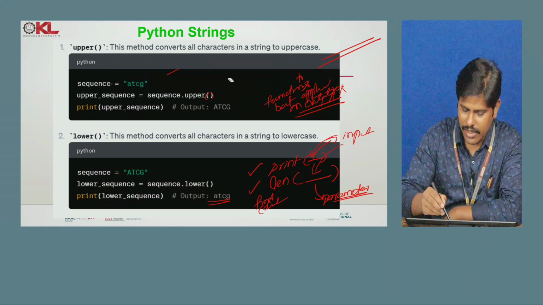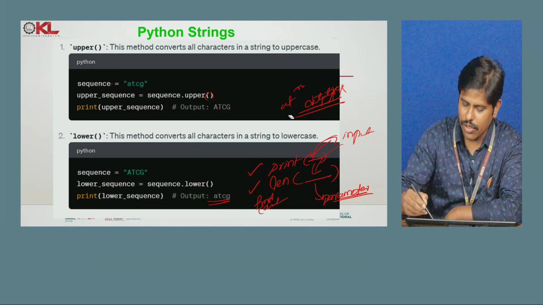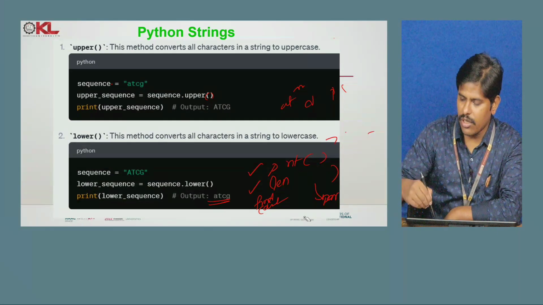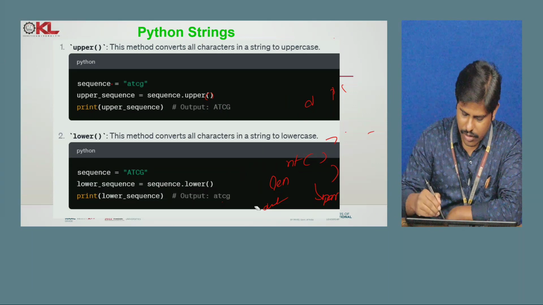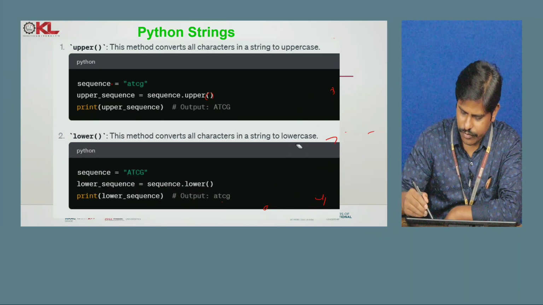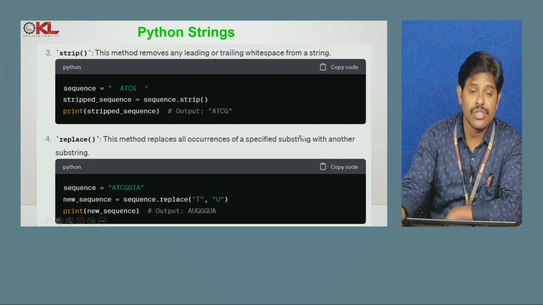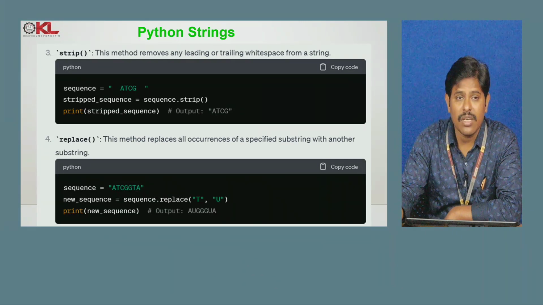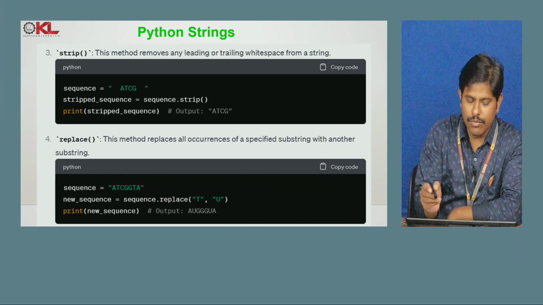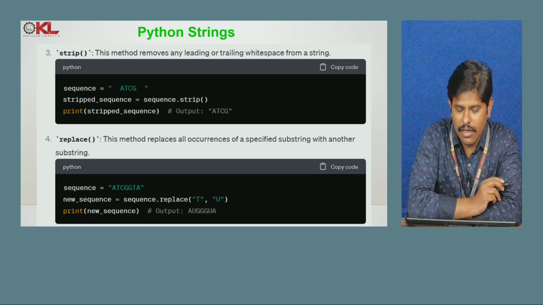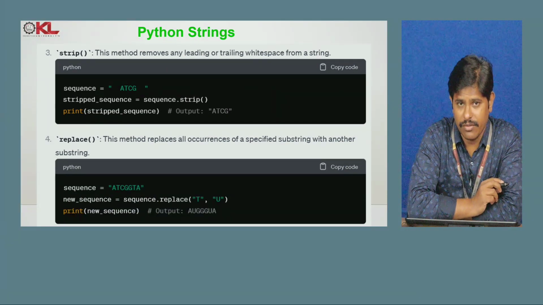So we are at the task of just learning the basic concepts of Python strings here. Moving to the next method, we have the strip method. The strip method removes any leading and trailing spaces from a string.